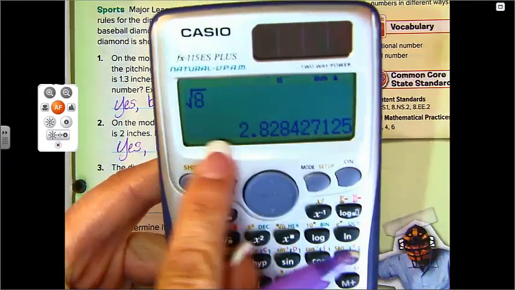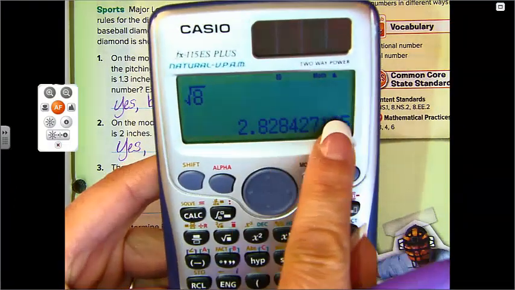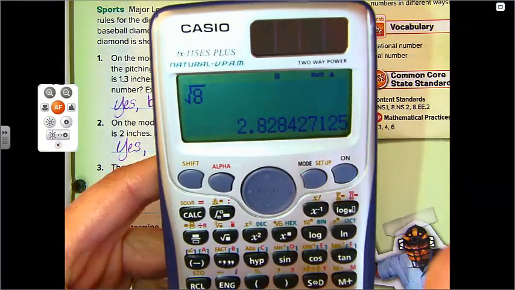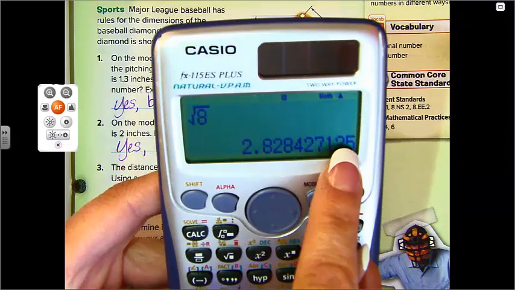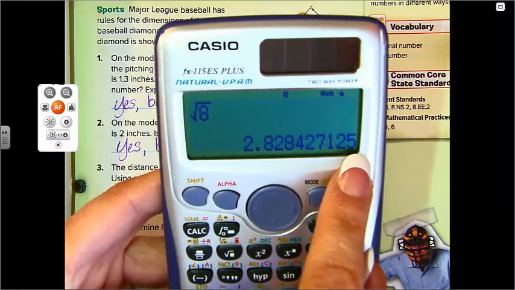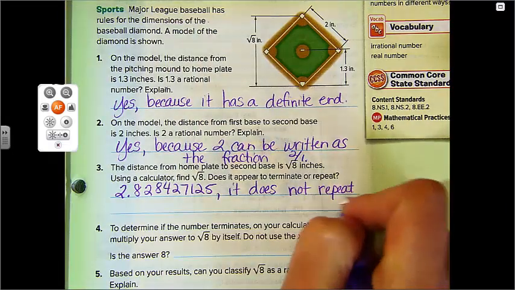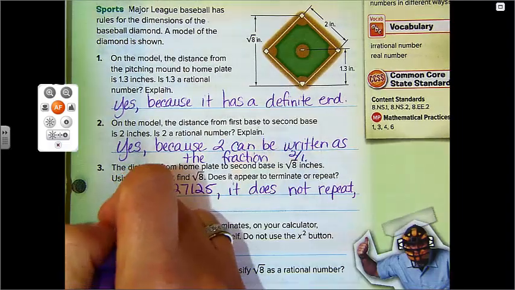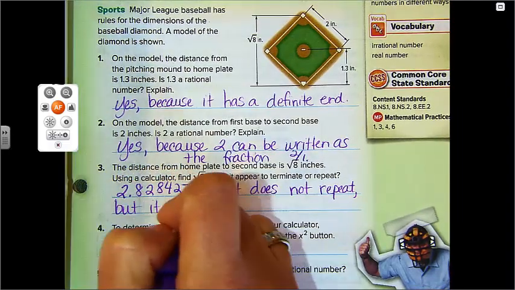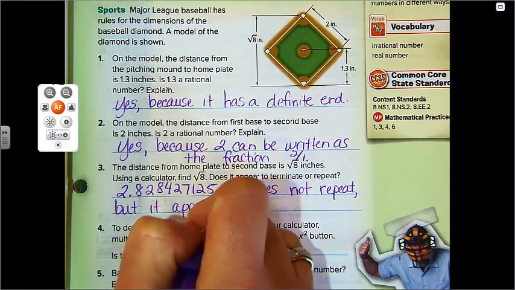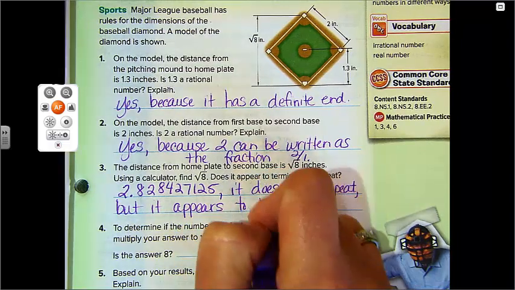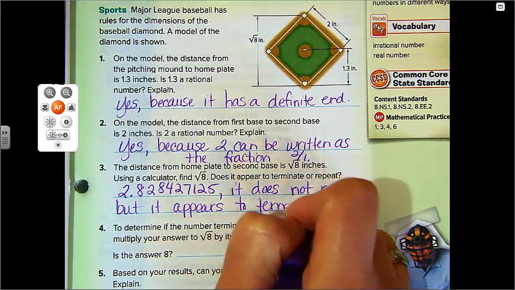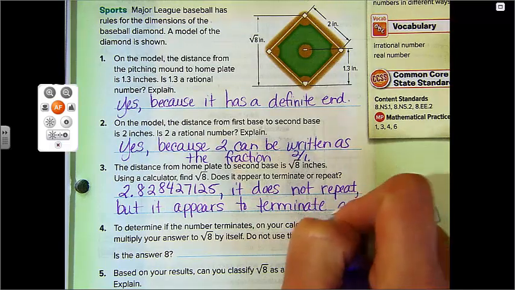The answer is no. It doesn't go all the way across to where it looks like it doesn't have an end. So this one appears to terminate at 5. That appears to be the end of this decimal. It does not repeat, but it appears to terminate at the 5.